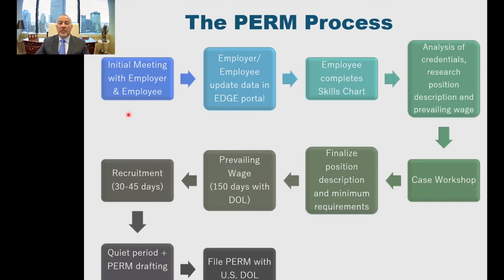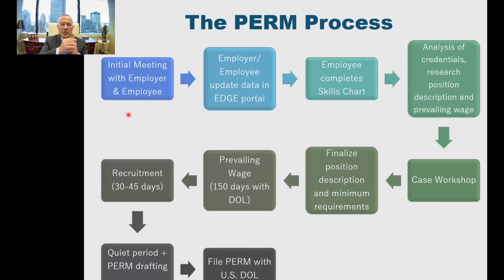The second thing I want to say is that the PERM process is a partnership between the immigration lawyer, the foreign national, and the company. So there's a 3-way partnership here. The company facilitates the filing of the PERM, the registration process, the recruitment process, and gives me the position description.